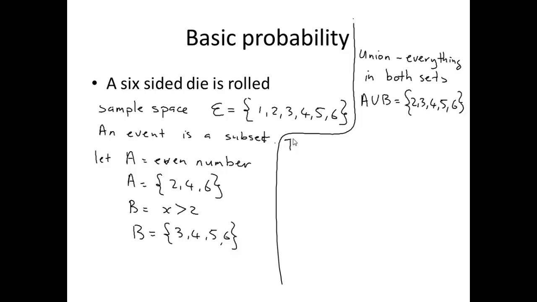The other thing that we know about is an intersection. Intersection is what's common to both sets. And we use A intersection B, so this N shape for intersection.